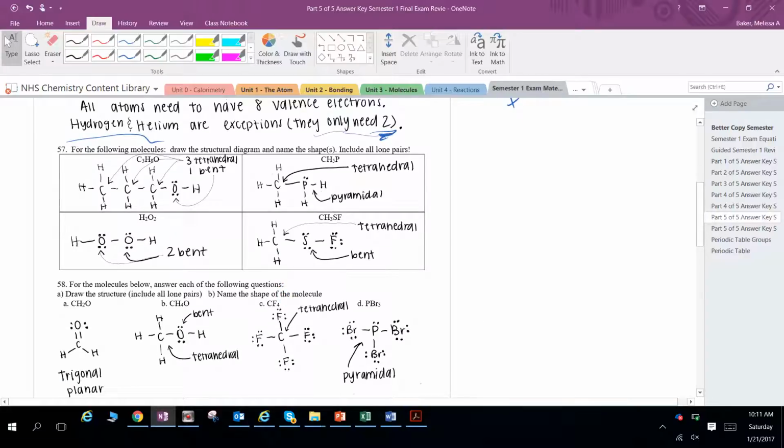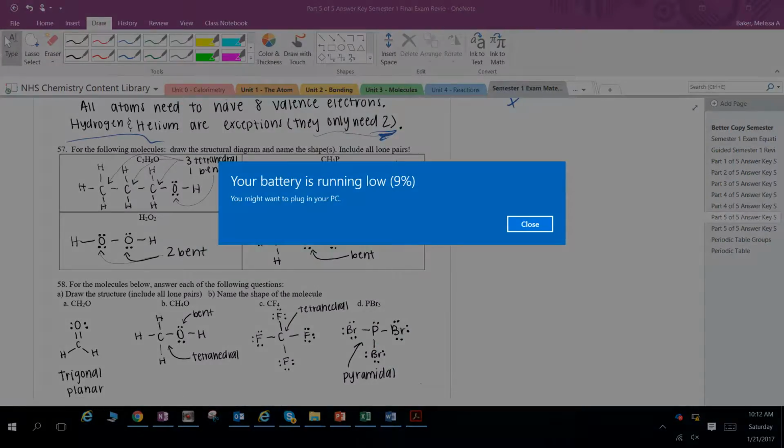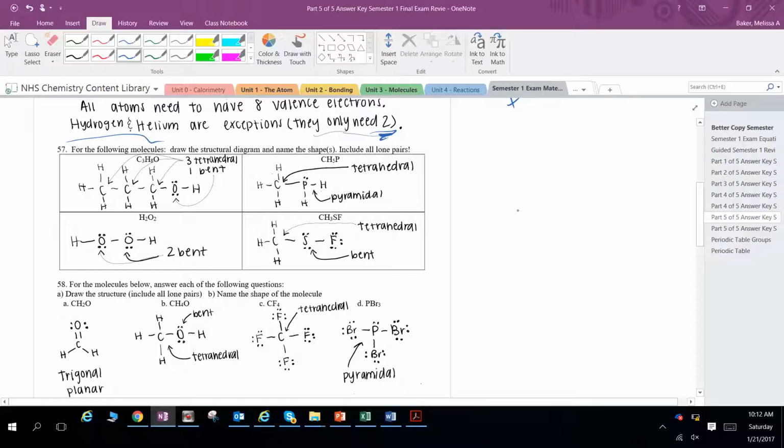For number 57, it says draw it and name the shapes. If you drew yours different from mine, then you might actually have some different shapes in there, and that's fine. So just be aware of that. Anytime you have 4 atoms attached to a central atom, it's always a tetrahedral. 1, 2, 3 tetrahedrals.